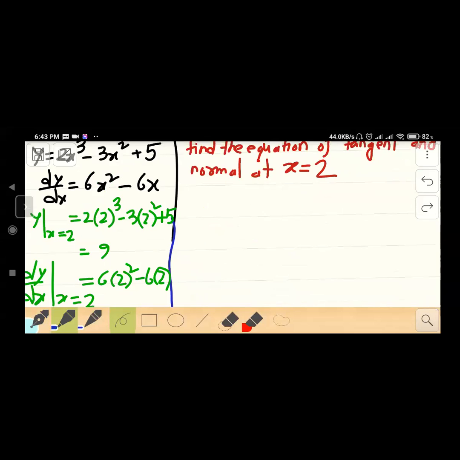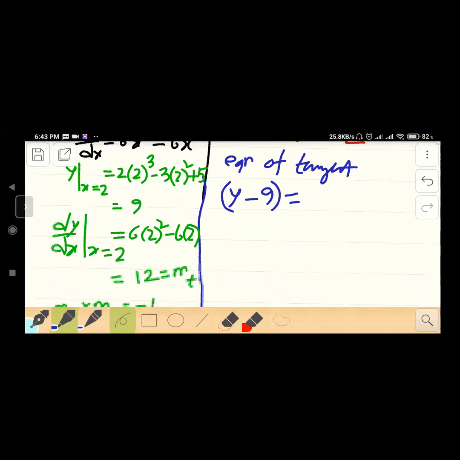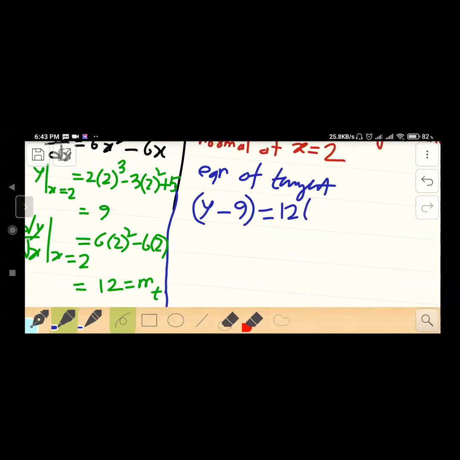First, the equation of tangent. So y minus y1, that is the value of y, is equal to gradient of tangent, that is 12, into x minus x1.